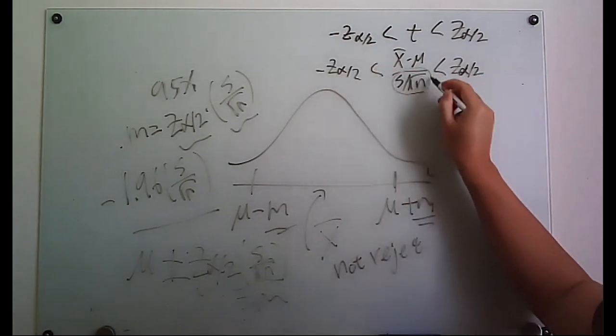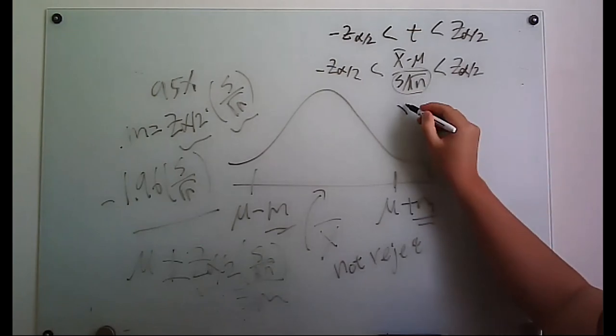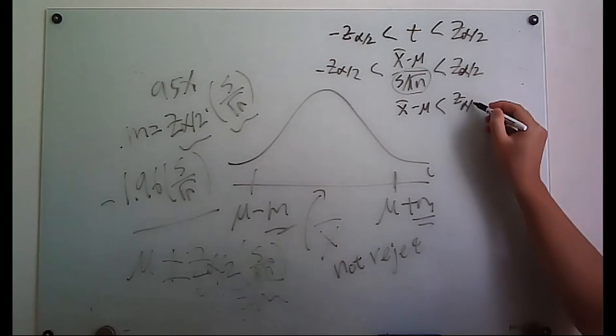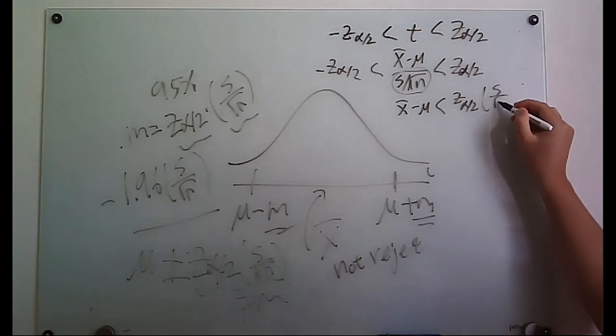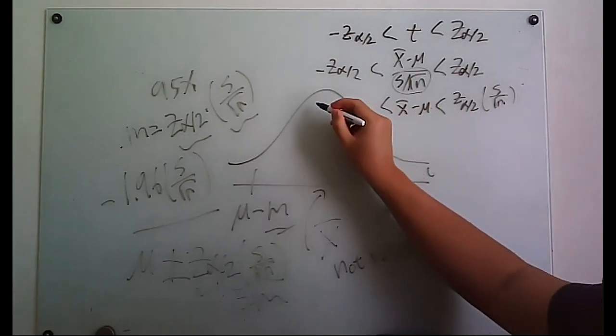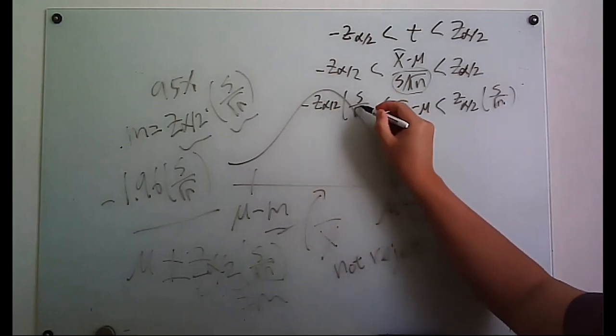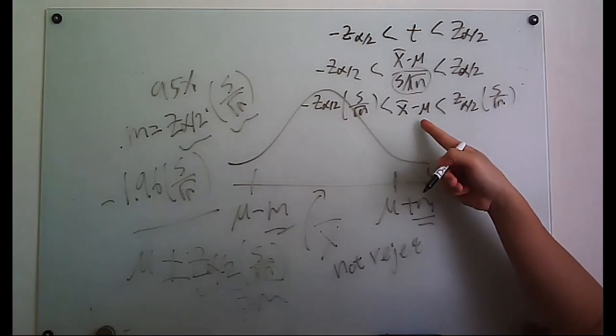So you multiply this on both sides. It's going to be x bar minus mu, and z alpha over 2 times s over square root of n, and this would be negative z alpha over 2 times s over square root of n. Next thing is you add mu on both sides.